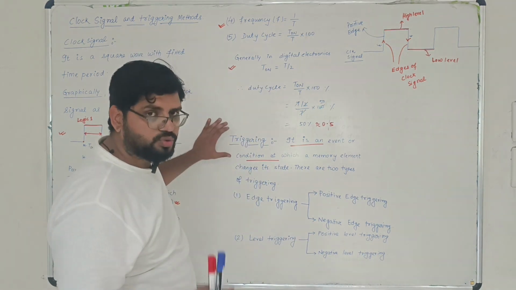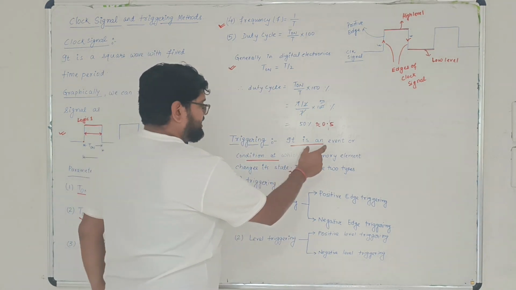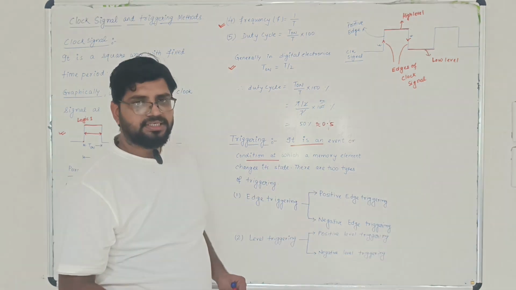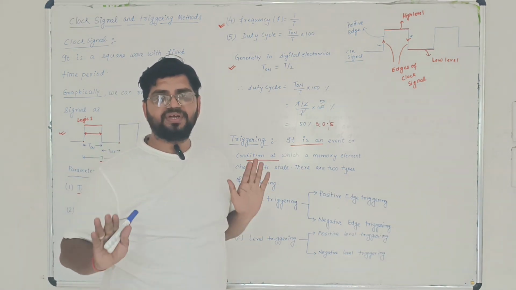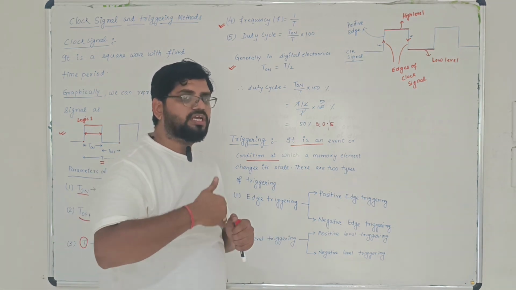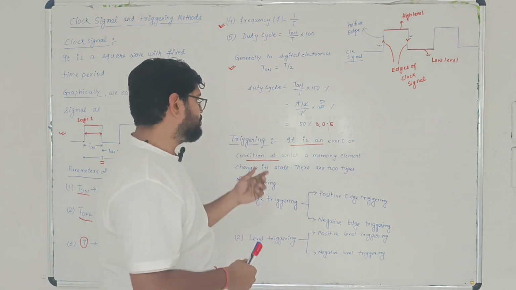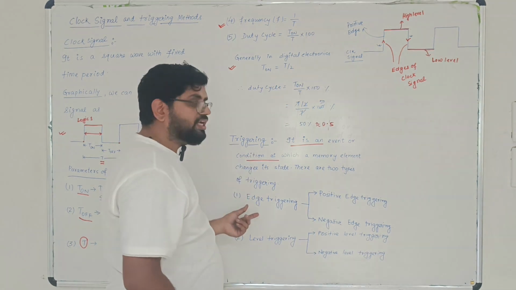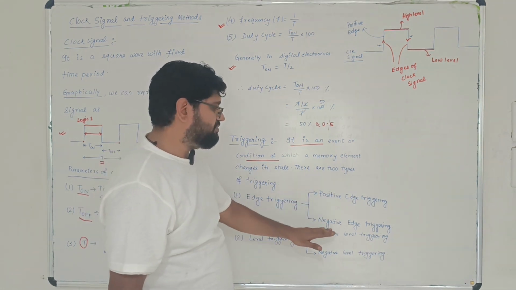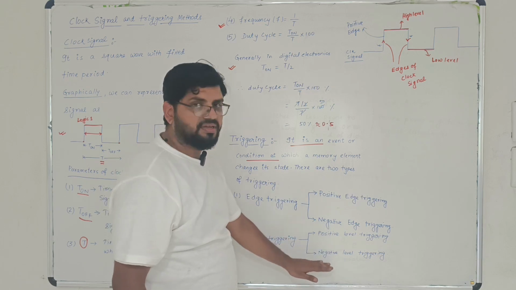Once again, triggering is an event or condition at which a memory element changes its state. Means at any event or at any condition, if your memory element changes its state, that is called triggering. There are two types of triggering: edge triggering and level triggering. Further division is positive edge triggering, negative edge triggering, positive level triggering, negative level triggering.